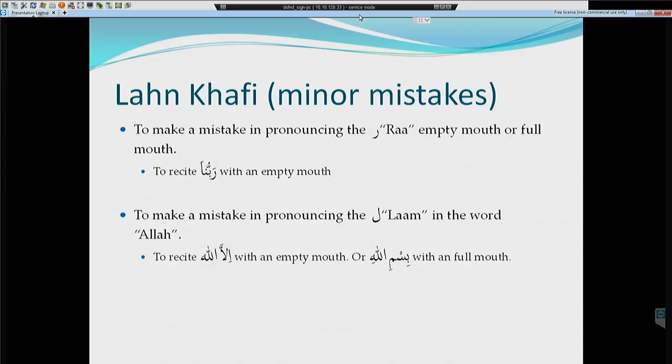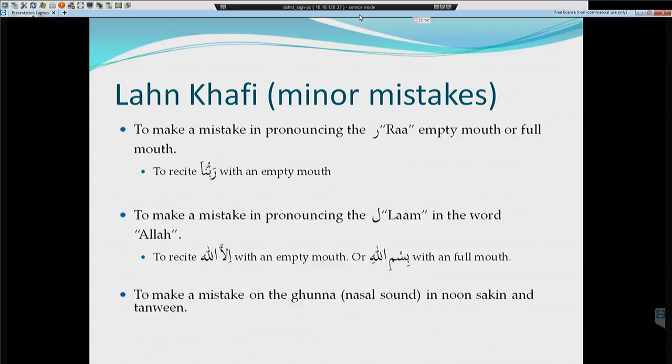Ashhadu an la ilaha illallah. That's wrong because there is a fatha before it. One must pronounce it with a full mouth. The example of an empty mouth is in Surah Al-Fatiha, or in the beginning before you recite the tasmiyah, Bismillahir Rahmanir Rahim. Alhamdulillahi. This is a lahm khafi.